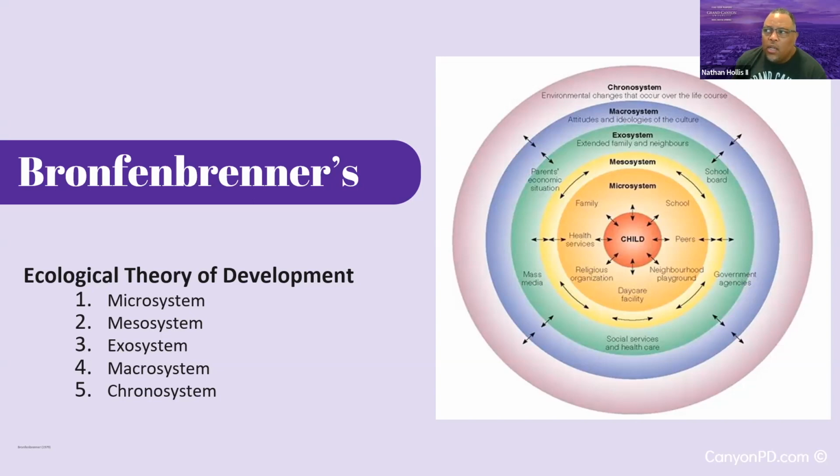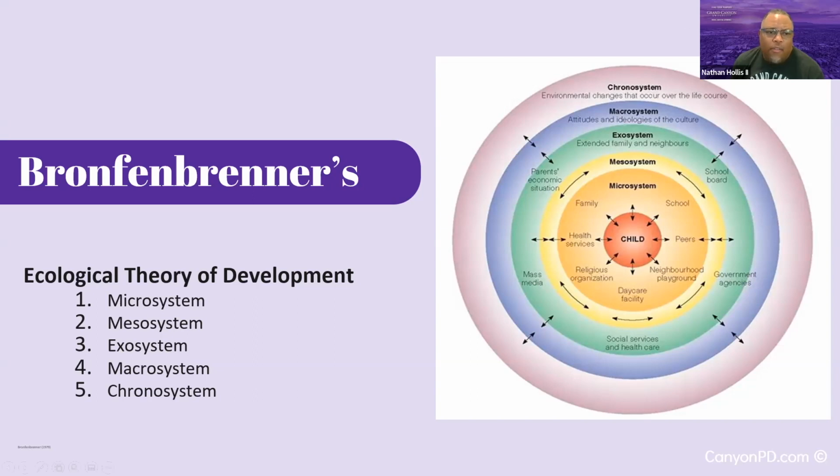Another chronos system example I want to give you is a recent one that we're all affected by, and that is COVID-19. COVID-19 is literally an environmental change that has affected the way that many businesses operate, the way that many schools operate, and it's affected individuals and their families. And so that's a second example of a chronos system effect.